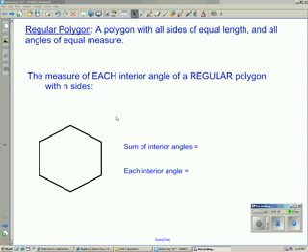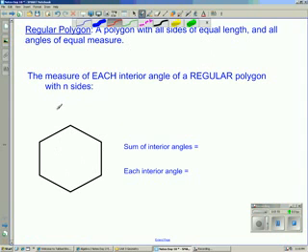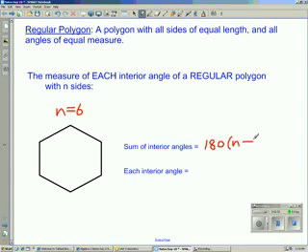Since they're all the same, we could figure out exactly what they are, because we know what they all add up to. What's this called with six sides? A hexagon. And what do the angles all add up to? Do you remember the formula? Yes, it's 180 times, in parentheses, n minus 2.